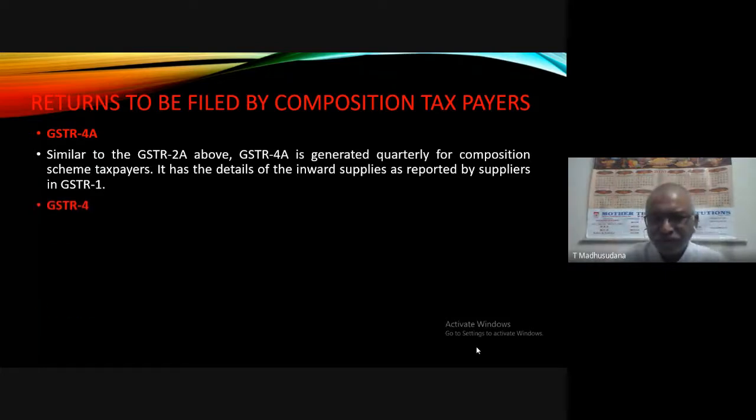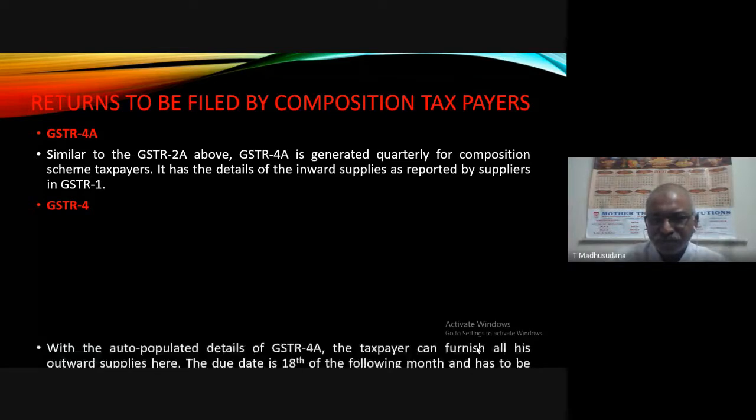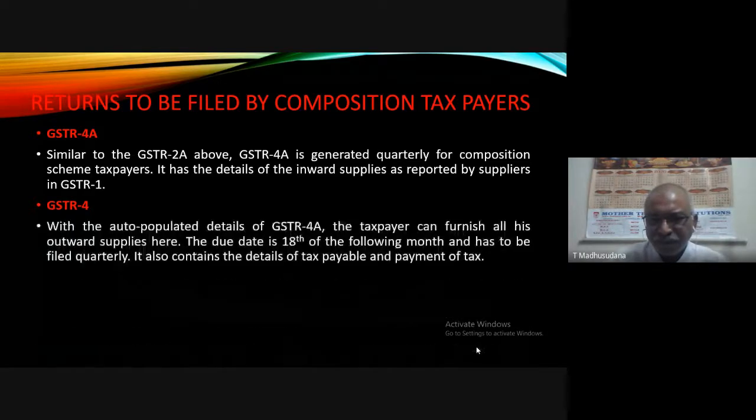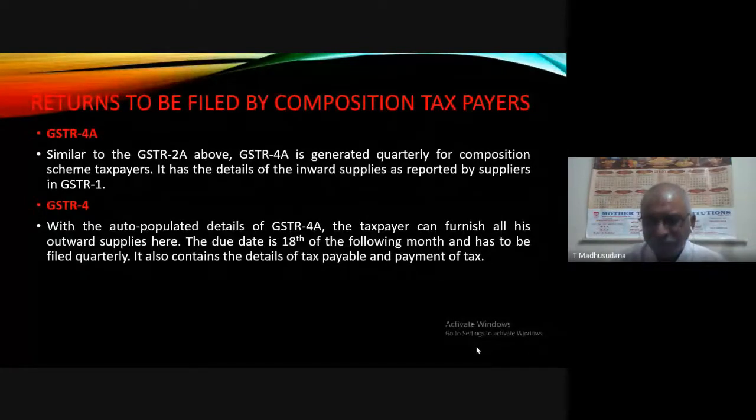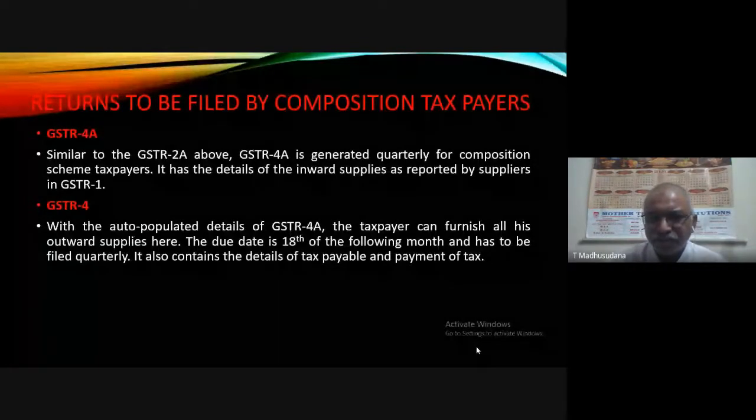Next, GSTR 4. With the auto-populated details of GSTR 4A, the taxpayer can furnish all his outward supplies here. That means the purchases made by the composition dealer and submitted in GSTR 4A are auto-populated into GSTR 4.